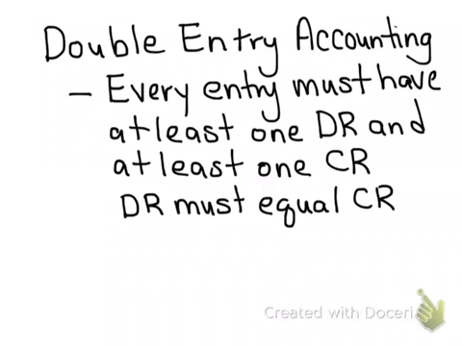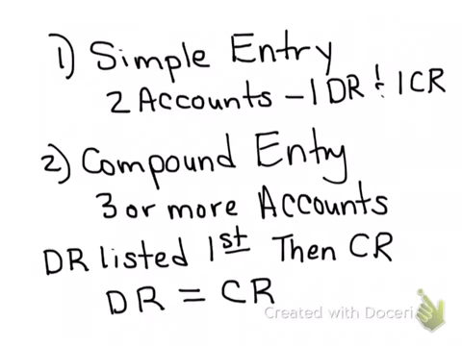The amount of the debits must equal the amount of the credits. We have two different ways of looking at this. We have the simple entry. With a simple entry, you have to have two accounts, and this is a must. Every journal entry has to have at least two accounts. It needs one debit and one credit.